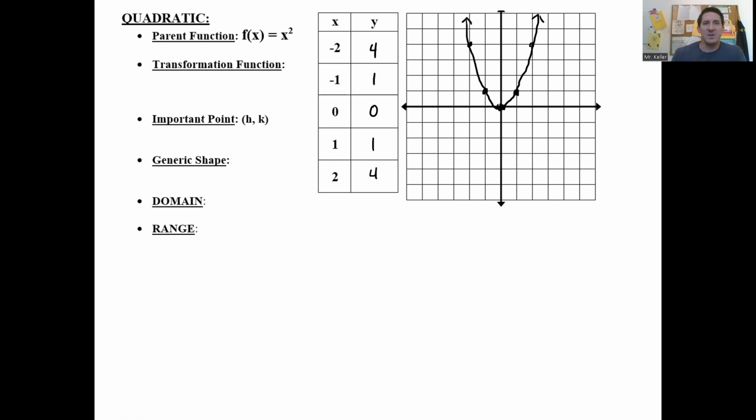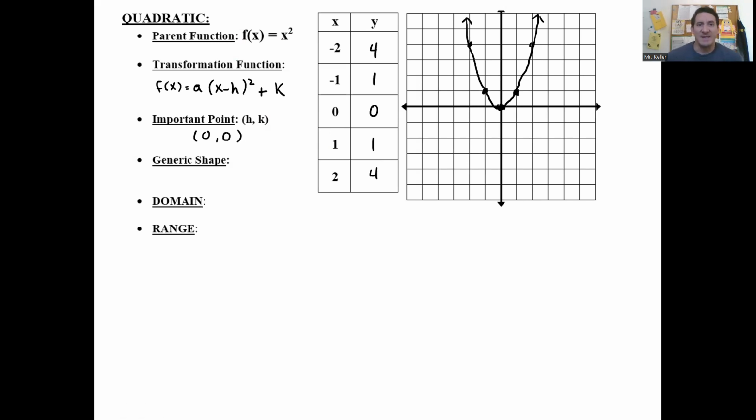Just like that. So the transformation function is going to be a times x minus h squared plus k. The important point is this vertex. The most important point is 0, 0, right?